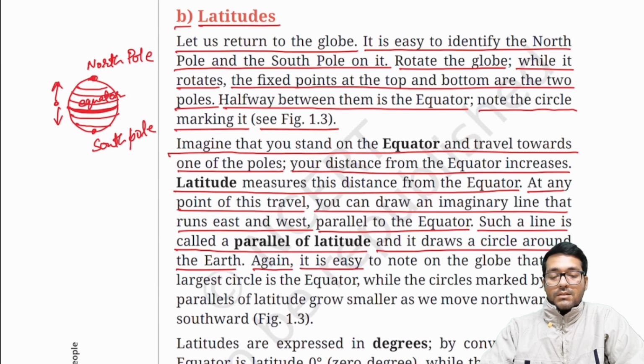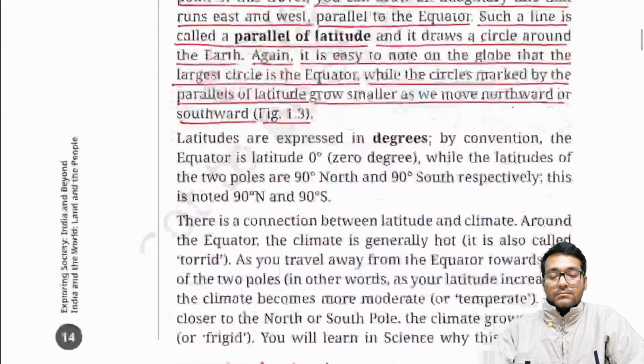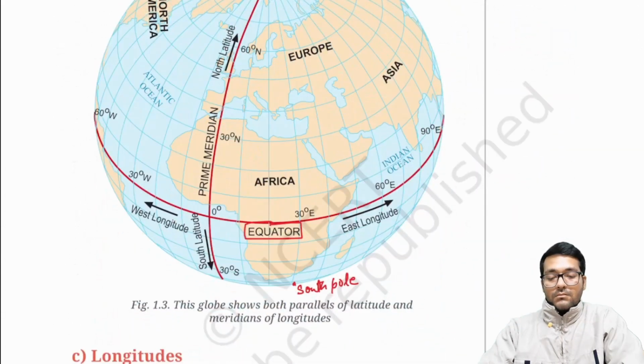Again, it is easy to note on the globe that the largest circle is the equator, while the circles marked by parallels of latitude grow smaller as we move northward or southward. Figure 1.3. You can see different horizontal circles running parallel to the equator like this.